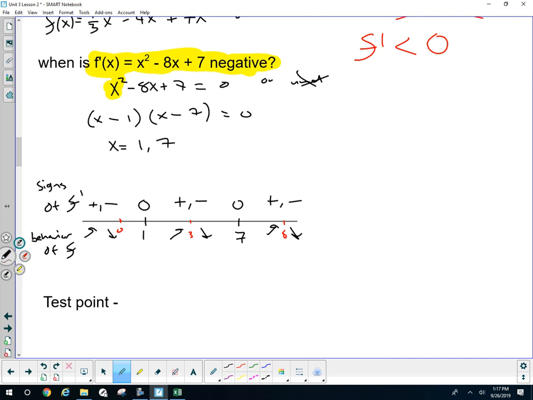Because I found all of my zeros and all my undefined values, if I know the sign of something at one point, I'll know the sign of everything on the interval.